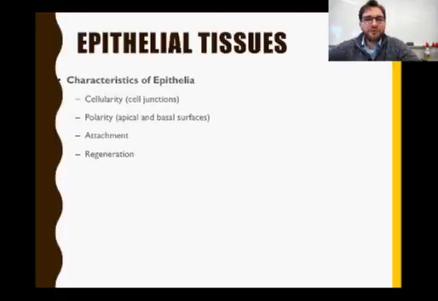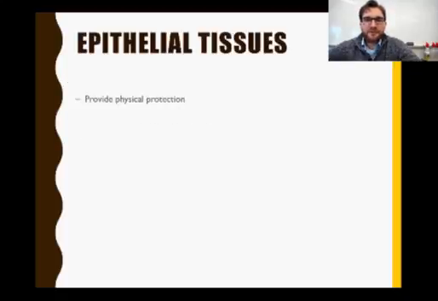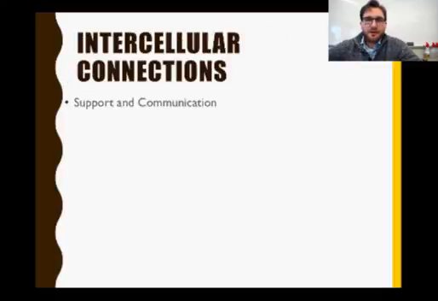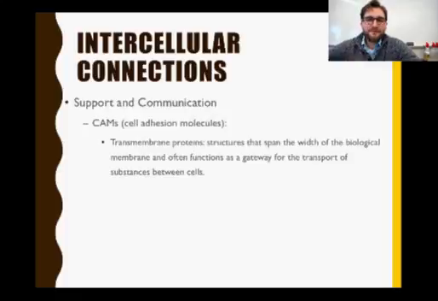Finally, they are able to regenerate. So epithelial tissues provide physical protection. They control permeability. They produce specialized secretions. We call these glandular epithelium. Epithelial cells also support and communicate.